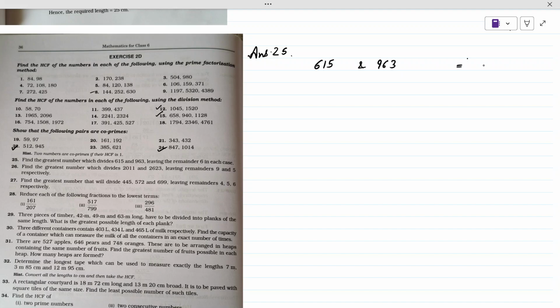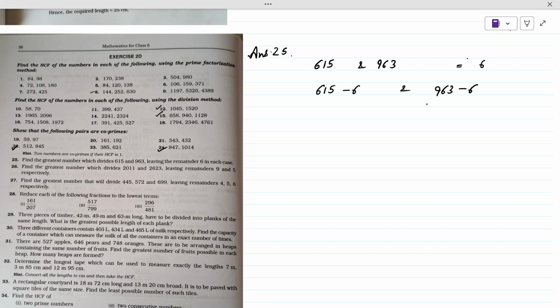So kids, we know that unless we get the remainder as 0, we cannot find the highest common factor. We are given two numbers which leave the remainder 6. So first of all, we have to find the original numbers, which are 615 minus 6 and 963 minus 6.